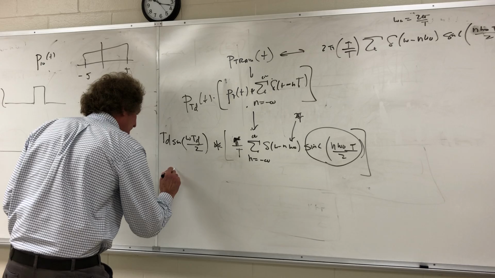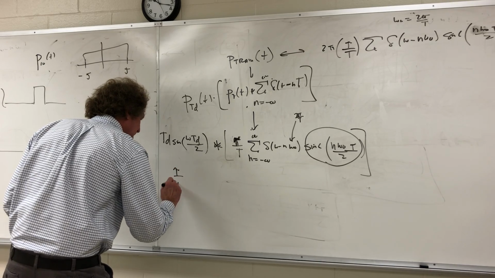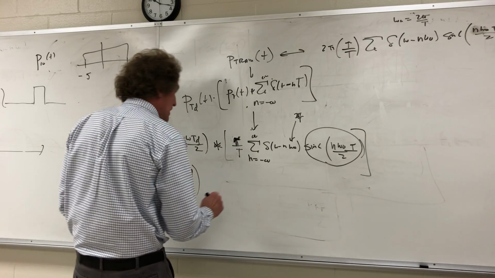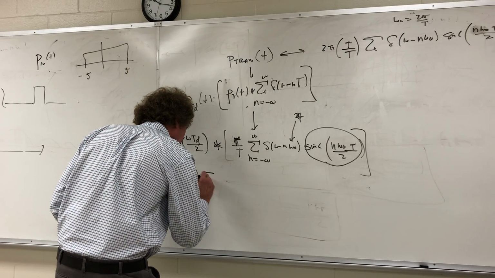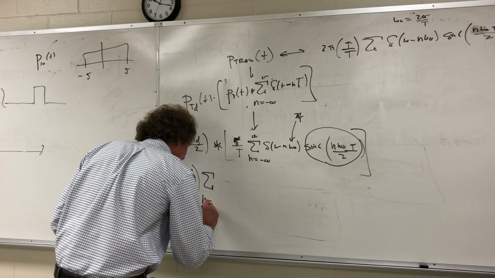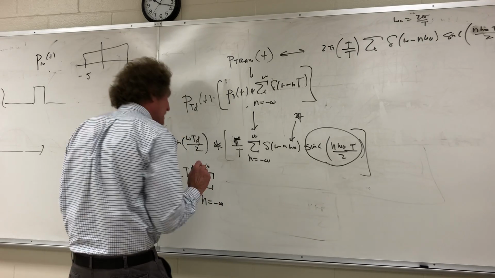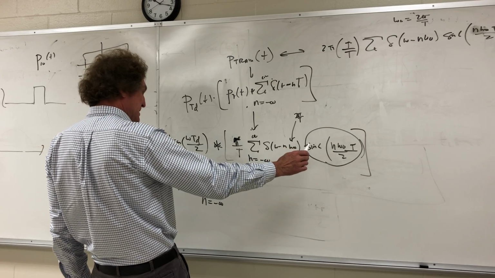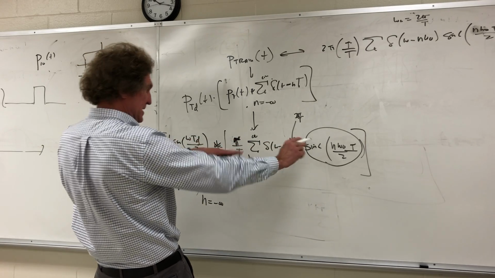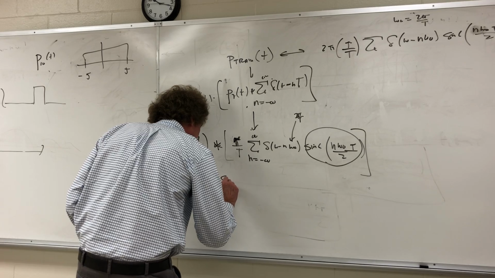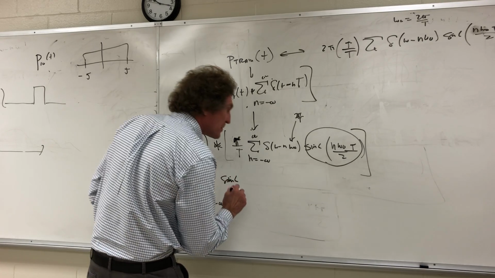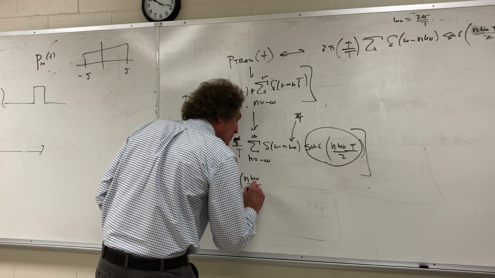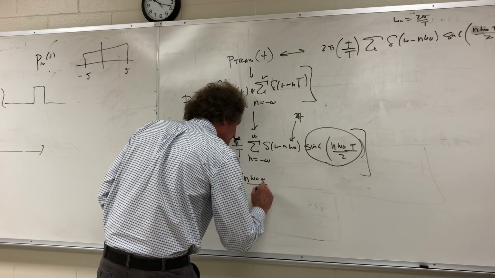So now I have tau over T, then it's times TD. Now I'm going to have an infinite sum. I'm going to try to write this accurately. Help me out, guys. And now we're going to have the sinc. First I've got to put that sinc down. The sinc of n omega naught times tau over 2.